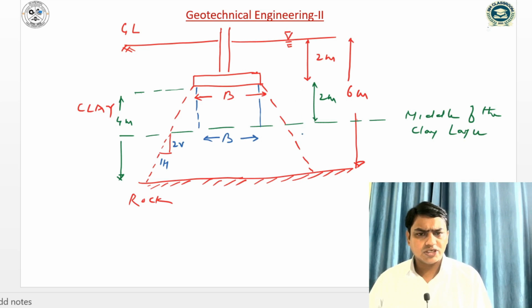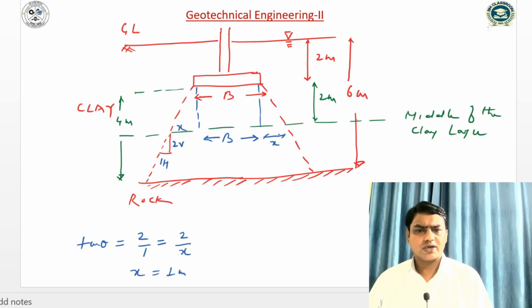So if this is 2 meter, so tan theta is equal to 2 by 1 is equal to 2 by x. Let us assume this is x. So what is the value of x? It is 1 meter. Similarly here is also x. So what is the modified width of the footing? It is B plus 2x.